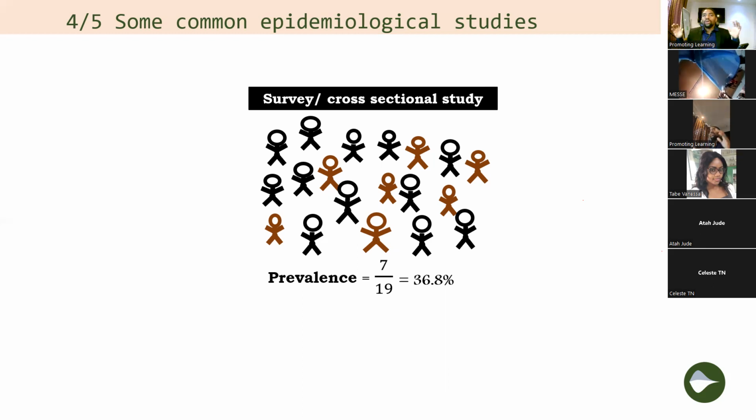We just go into the population as quickly as possible. We try to get those that are eligible, and then we determine the prevalence of whatever condition is of interest to us. And the vocation of cross-sectional studies is to quantify the burden of disease in terms of prevalence, in terms of means, in terms of averages, things like that.